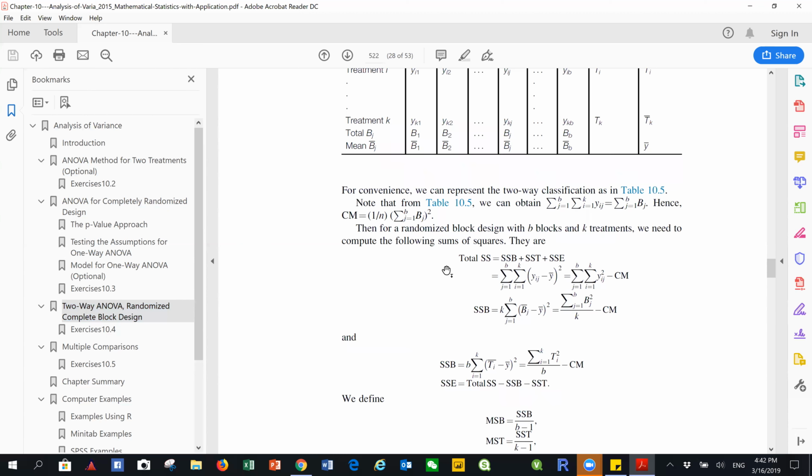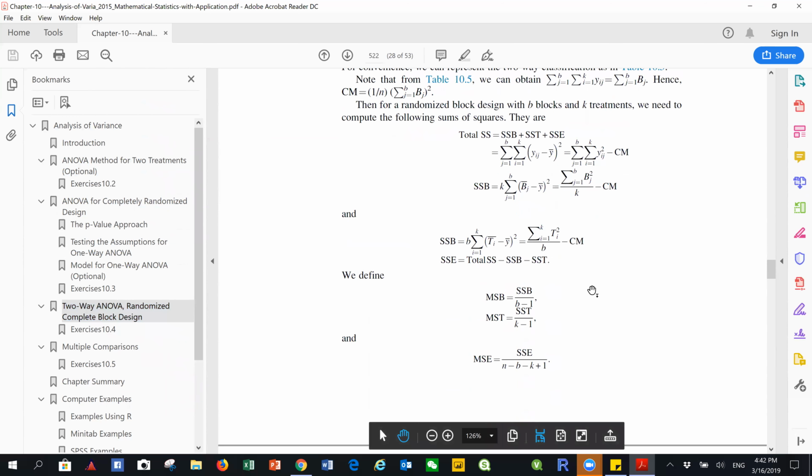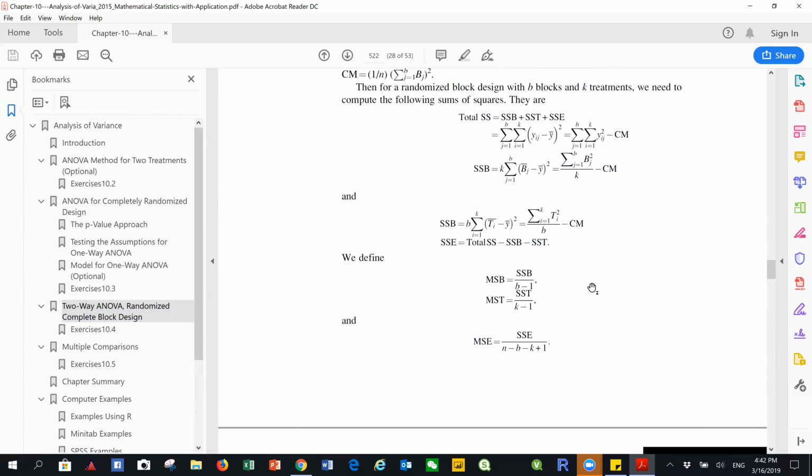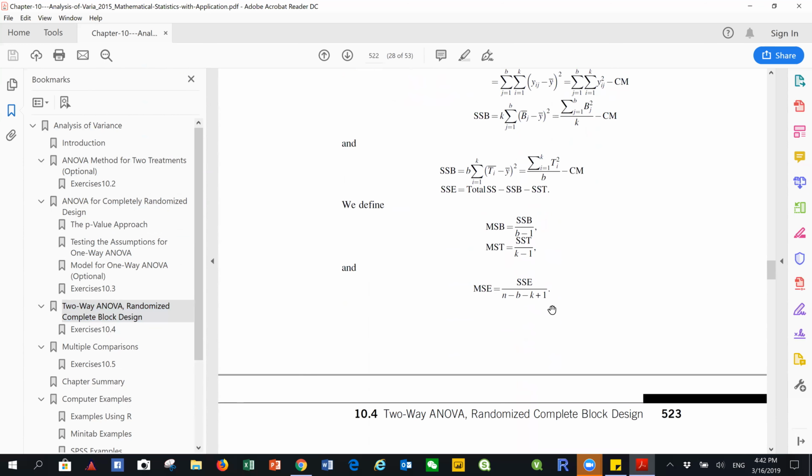With this, the analysis is similar. You calculate MSB, MST, and MSE the way you calculate MST and MSE in a one-way ANOVA.